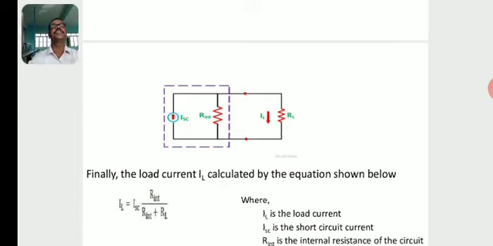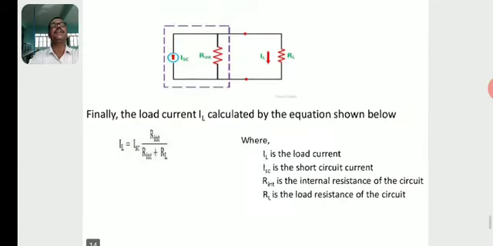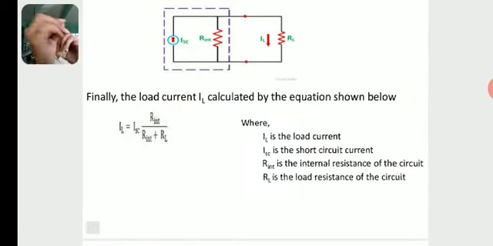Finally, the load current IL is calculated by the equation IL equals ISC times R internal divided by R internal plus RL, where IL is the current flowing through the load resistance, ISC is the short-circuited current, and R internal can be calculated with the help of the above equation.